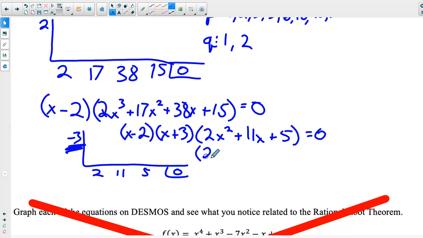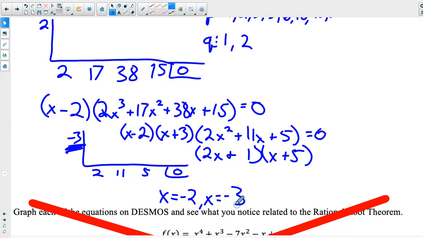I'm going to put 2 parentheses at 2x plus 1, and then x plus 5. And that's perfect. So that means my following solutions are x equals -2, x equals -3, x equals -1/2, and x equals -5.